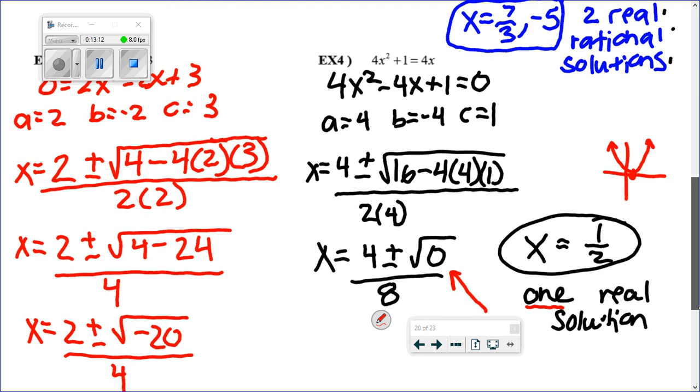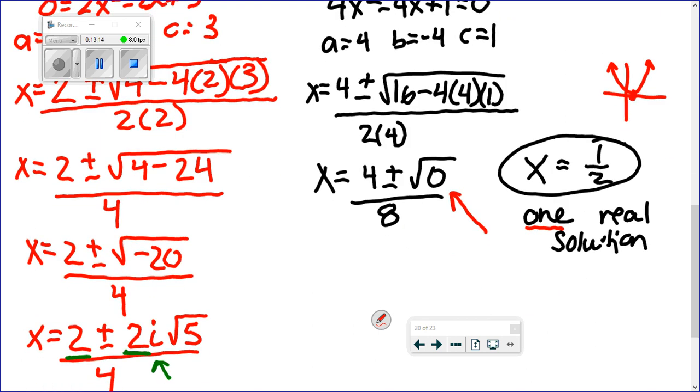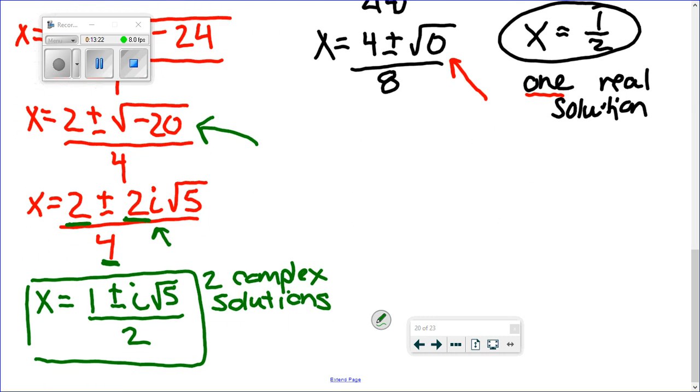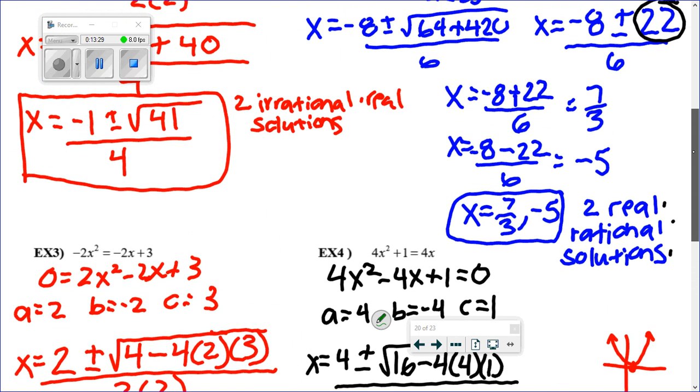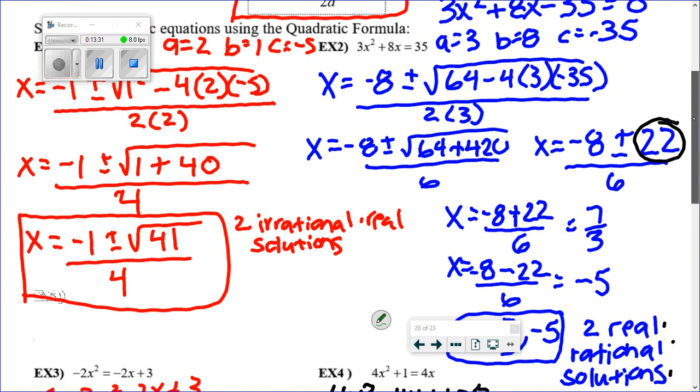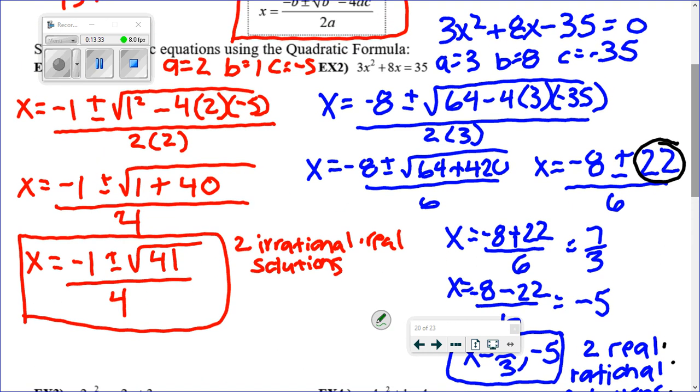Think about example 3. What happened when your discriminant, what was underneath the square root, was negative? You had what type of solution? Complex solutions. And then when your discriminant was positive, that's when you're going to have your two real solutions.